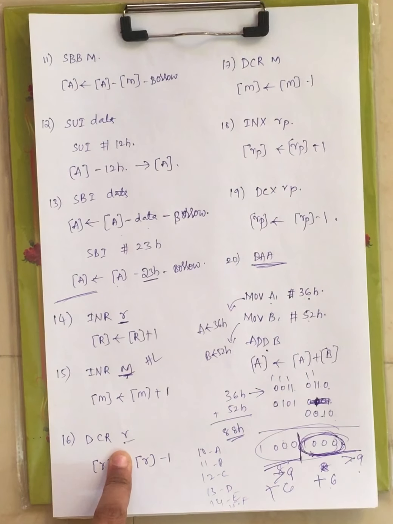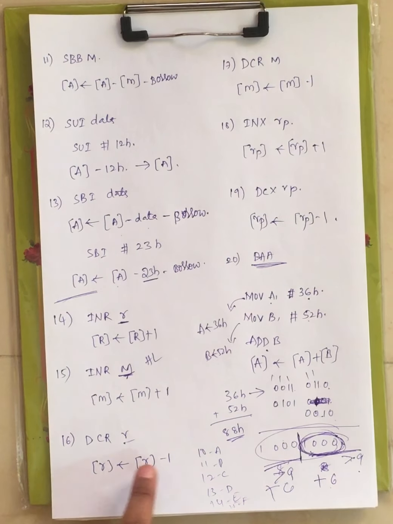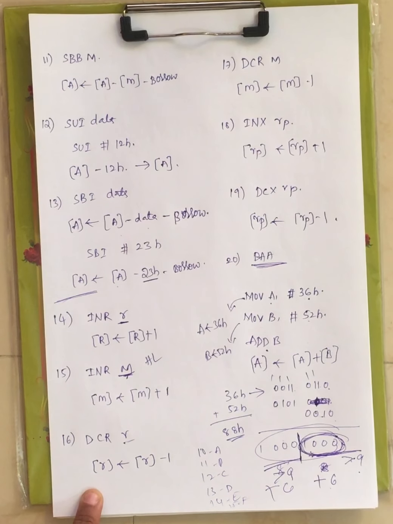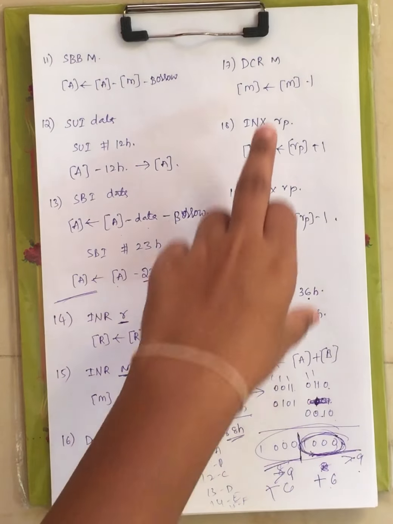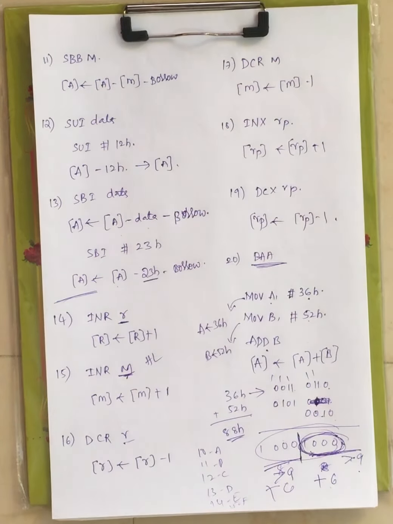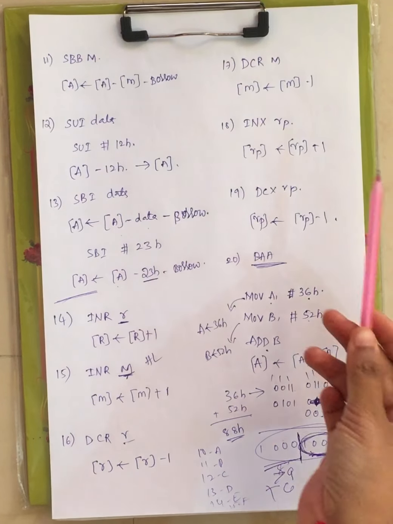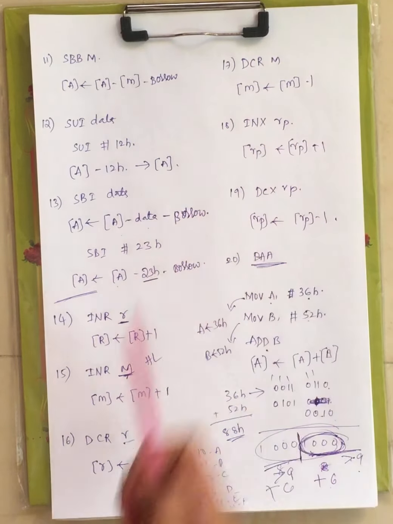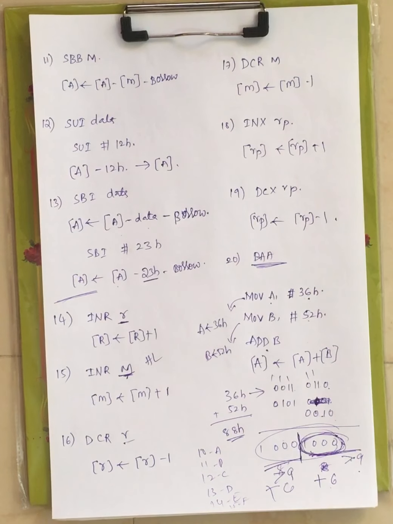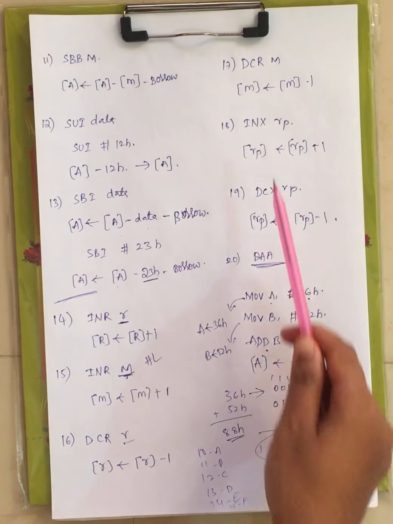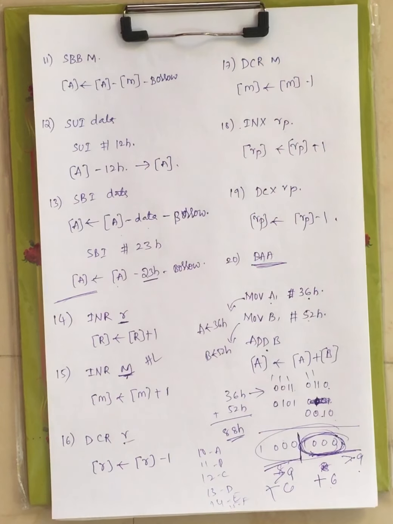Contents of the register are decremented by 1 and the result is stored in the register itself, right? Now DCR M, right? Contents of the memory location are decremented by 1 and the result is stored in the memory location, and that particular memory location is pointed by which register pair? HL register pair, right?